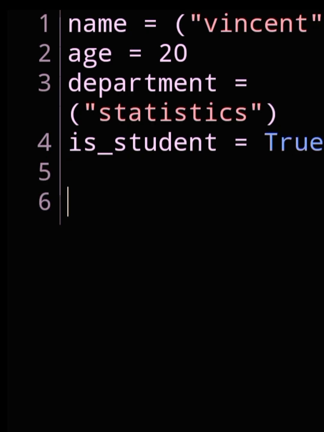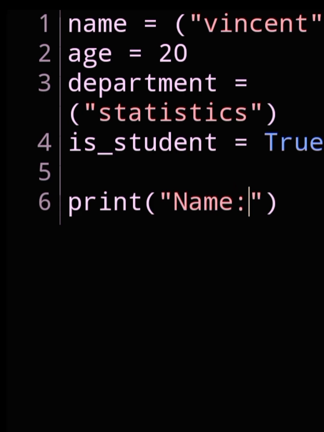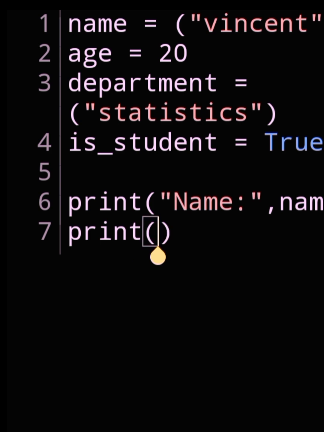So let's print out our program. We put our parentheses and we say name. You put your colon and you put your comma and name. And also print your age.